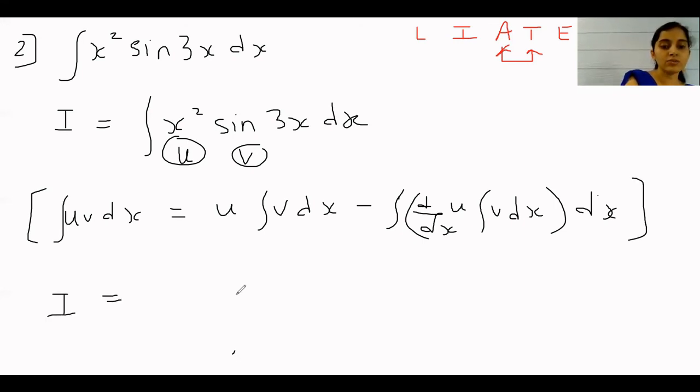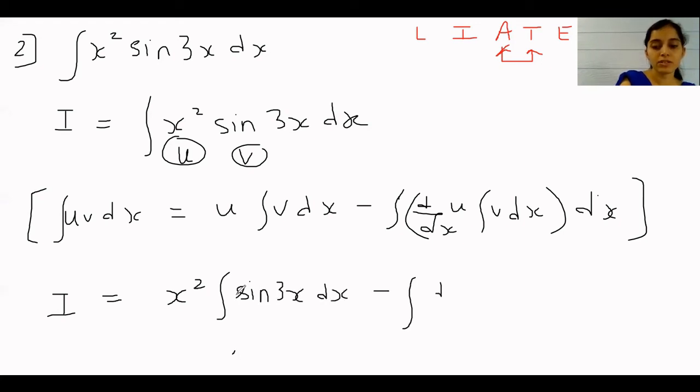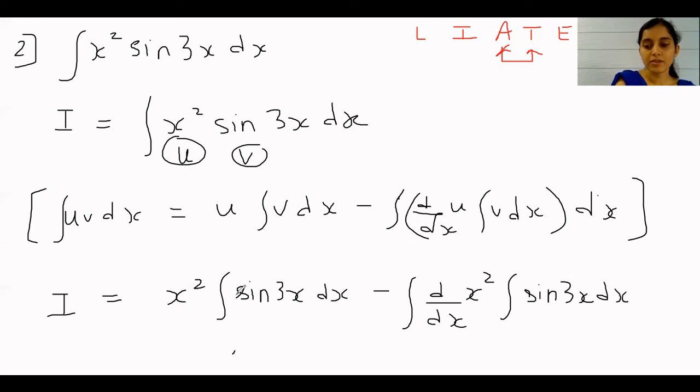I is equal to u integral v dx, so x square integration of sine 3x dx, minus integration of d by dx of x square times integral sine 3x dx, the whole thing dx.